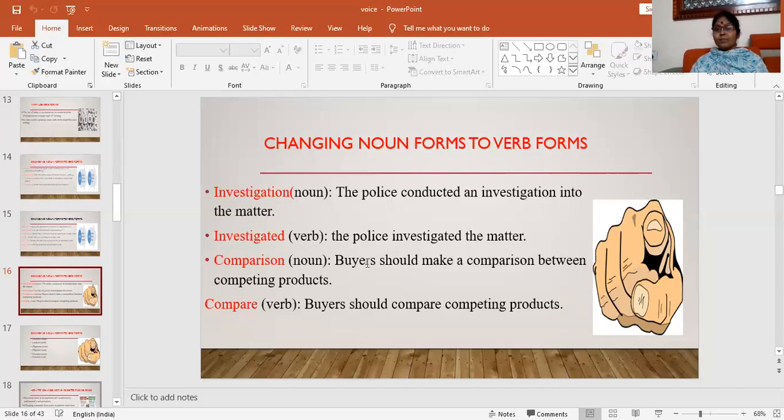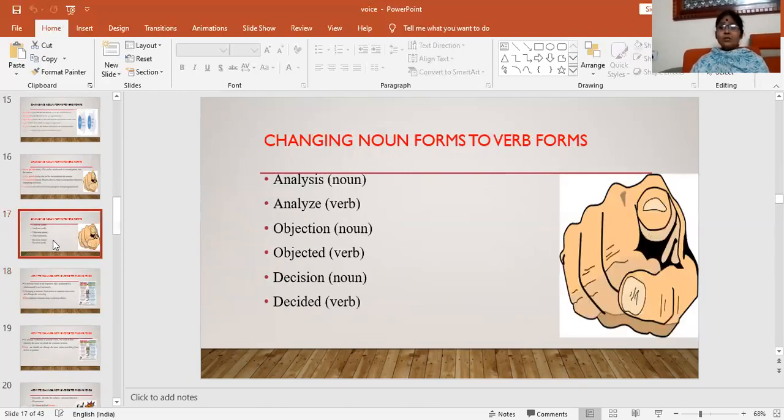Comparison. Buyers should make a comparison between competing products. Now, when I want to change it, I will change comparison to compare. Buyers should compare competing products. So in a simple manner, I change, right? So similarly, you can change analysis, a noun form, into analyze. Objection, which is a noun form, becomes objected in verb form.